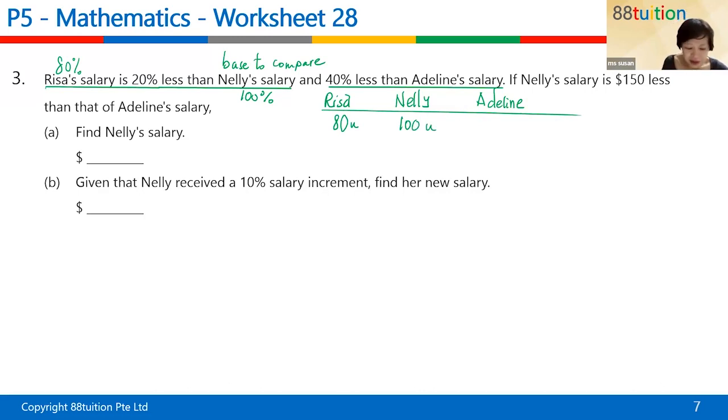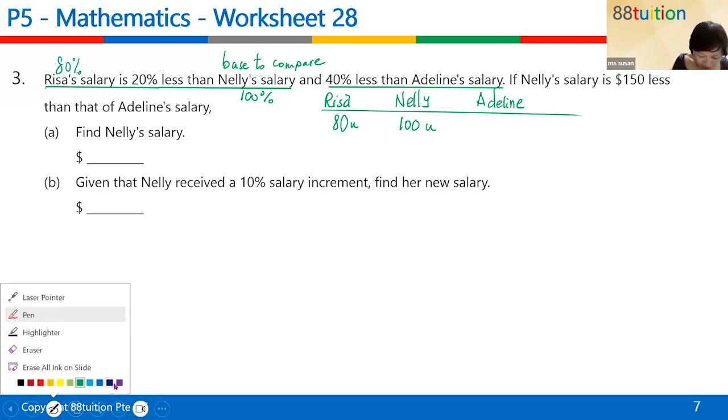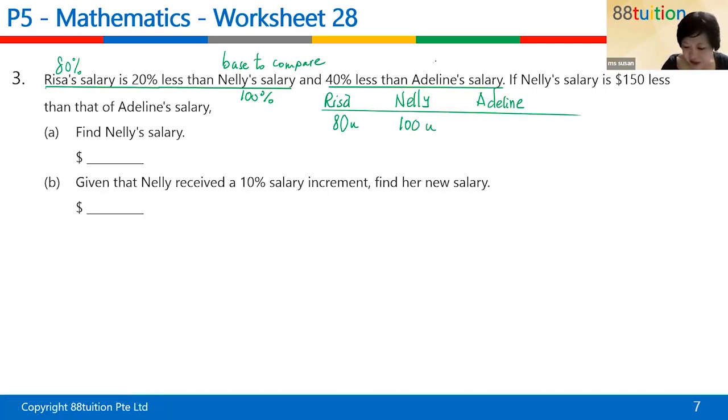And Risa is 40% less than Adeline. So now Adeline has 100% because now you have a new base. The new base to compare is 100%. So if Adeline is 100%, Risa is 40% less.